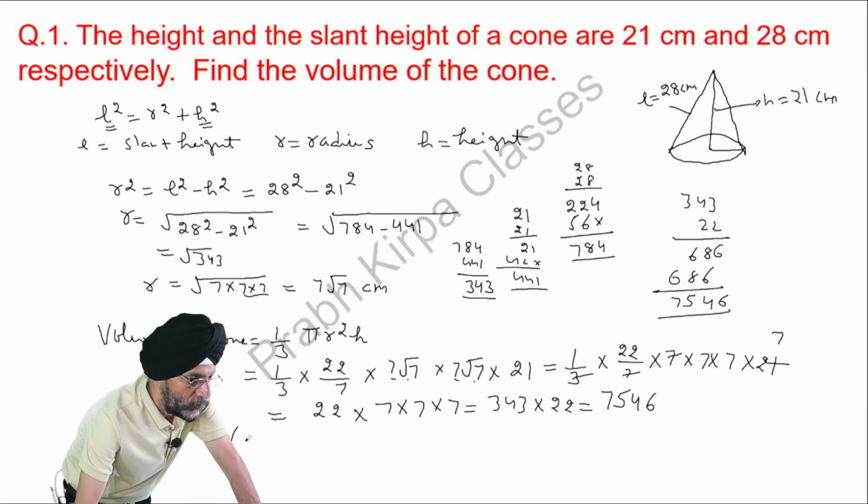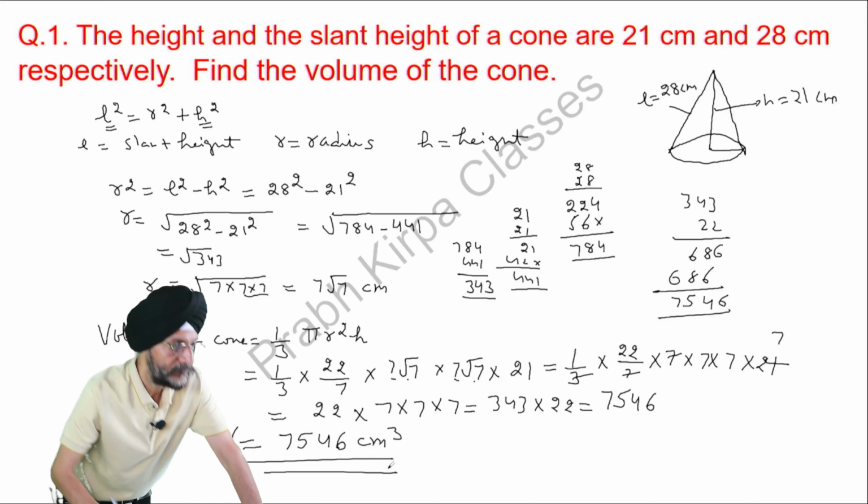So the volume of the cone is 7546 cubic centimeter. This is the answer.